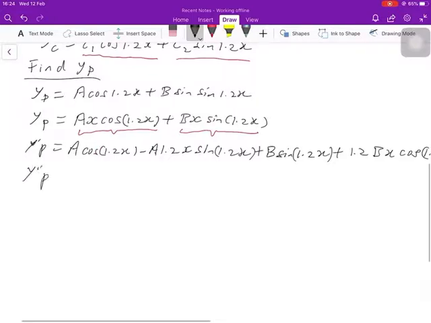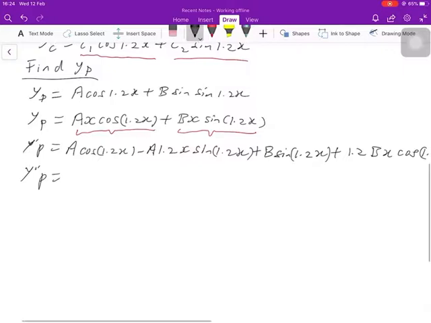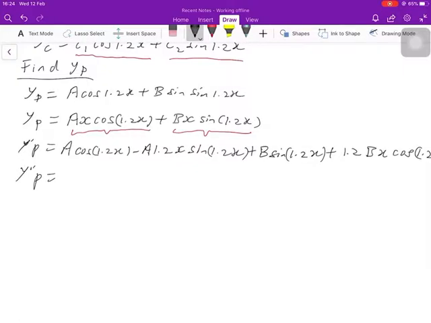Then we need to take another derivative for this, y''p. So you continue doing the product expansion.